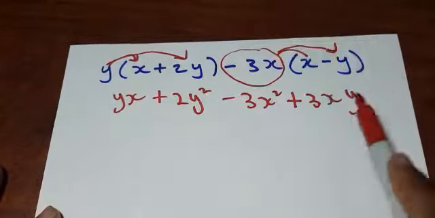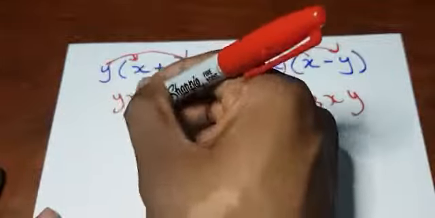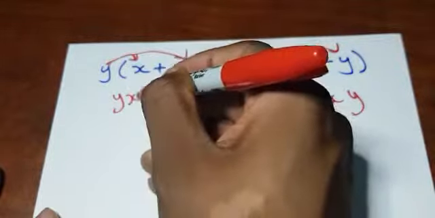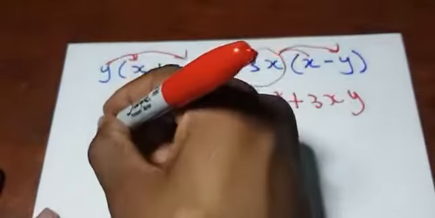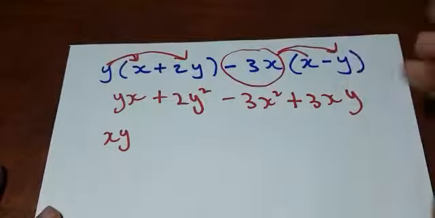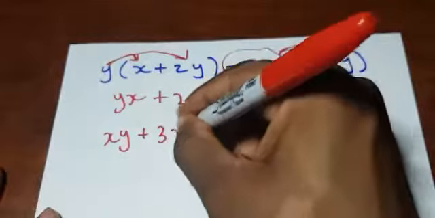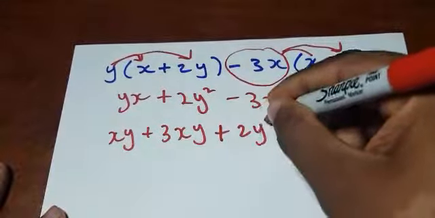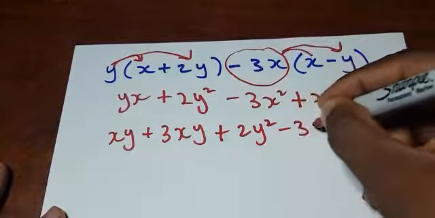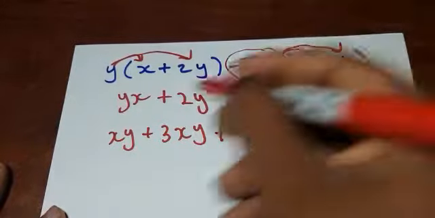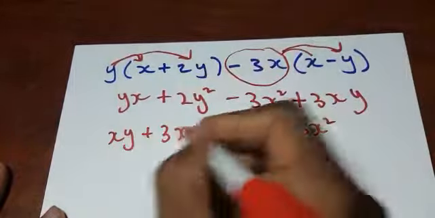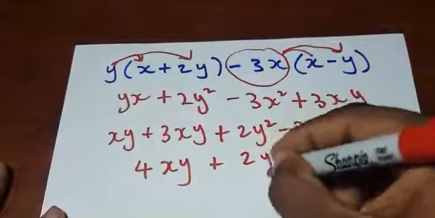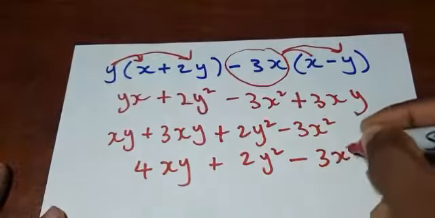So yx and xy are the same. So let me rewrite yx as xy when I group it. So xy plus 3xy plus 2y squared minus 3x squared. This gives us 4xy, and we just rewrite these two terms here.